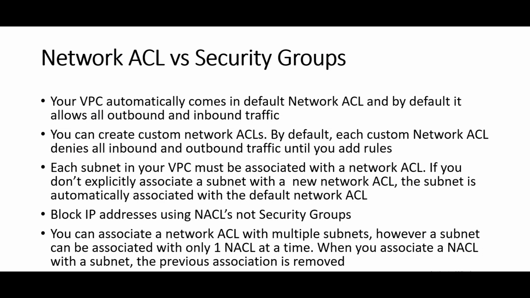NACLs contain a numbered list of rules that is evaluated in order, starting with the lowest numbered rule, as you saw in my example. Network access control lists have separate inbound and outbound rules, and each rule can either allow or deny traffic.